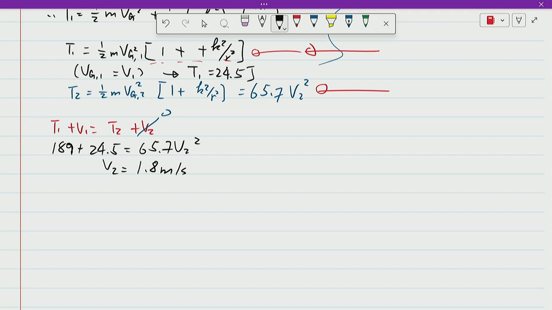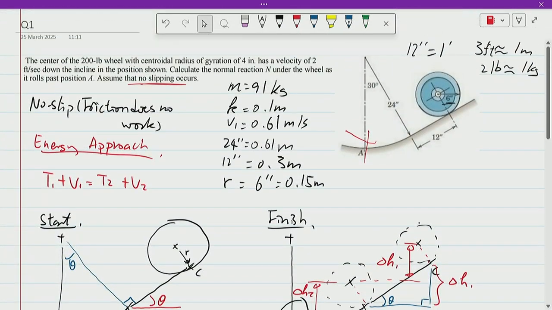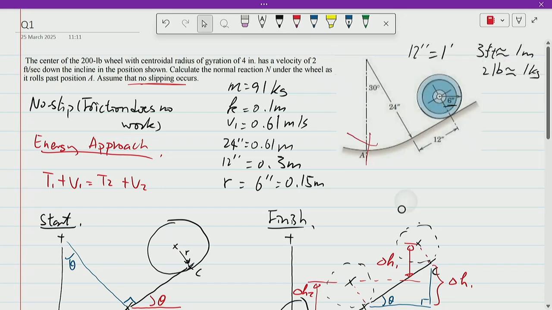Now, if you look at the question, it actually asks for the normal reaction, and you might be wondering why we're calculating velocity. This is actually an n-t coordinates problem, right? If you look at the way it's laid out, you can imagine that is your n, and that is your t.